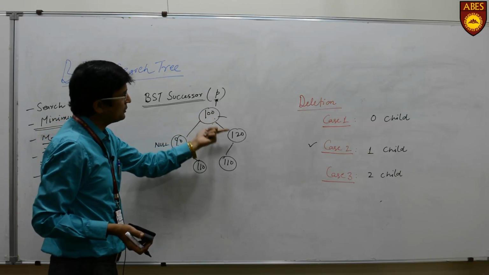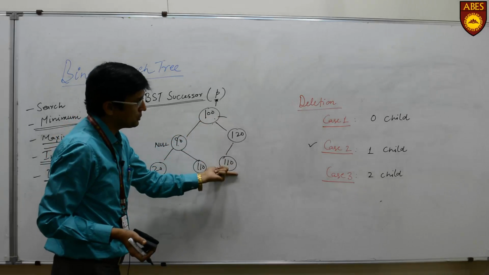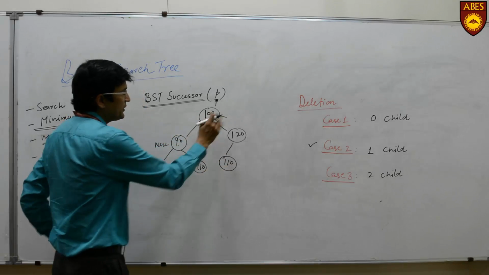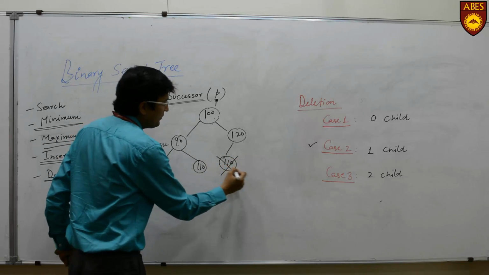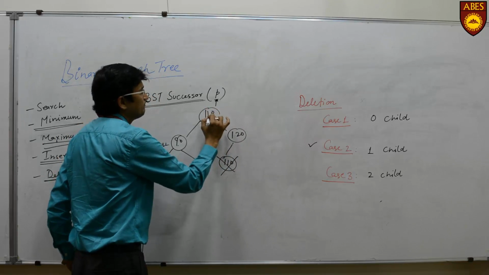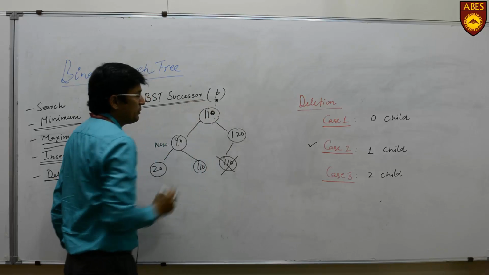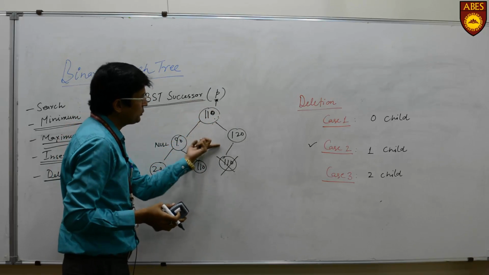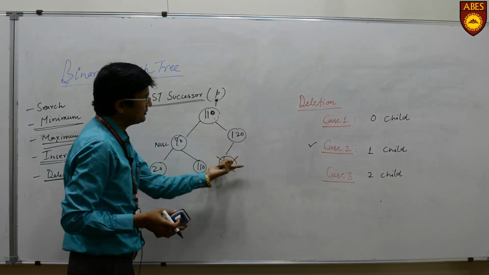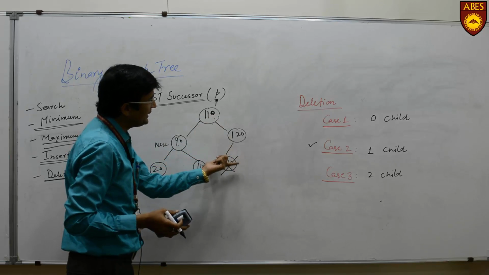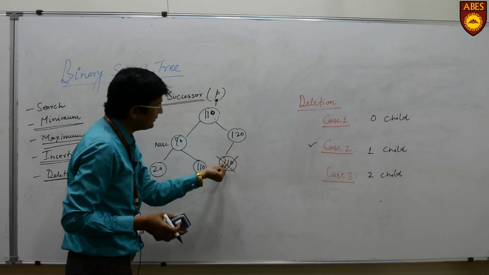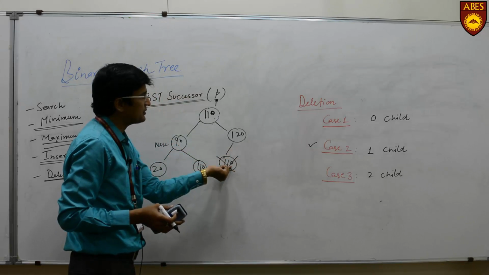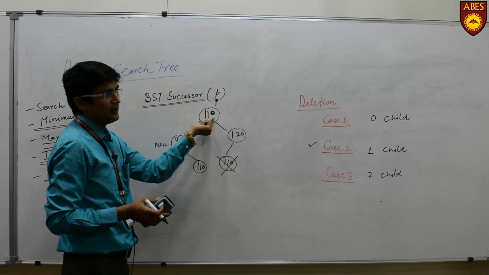And the logical successor of this node is this node. So for deletion of this node, we will delete this node and we will bring this node here, the key value here. It means for deletion of any node having two children, we will first have to find out the successor, and then we will delete that successor either by case 1 or case 2, and then we will bring the key value of this successor at the position of the deleted element.